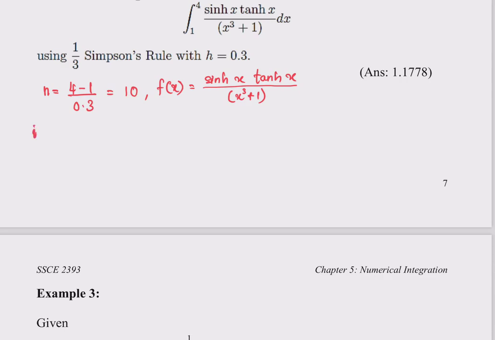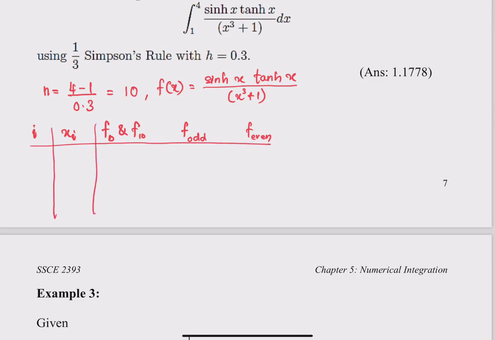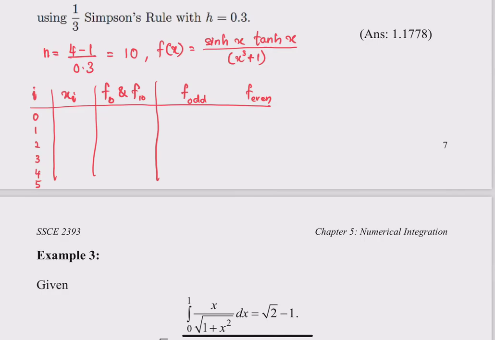You have your i, you also have your xi, and now you have your f0 and f10. Then you need to get your f odd and also your f even. So your i is 0, 1, 2, 3, 4, 5, and so on up to 10.